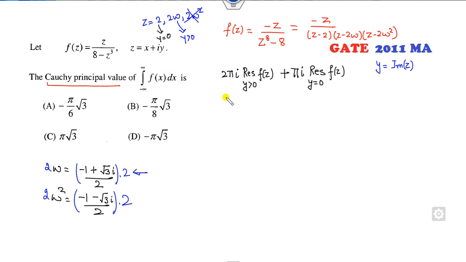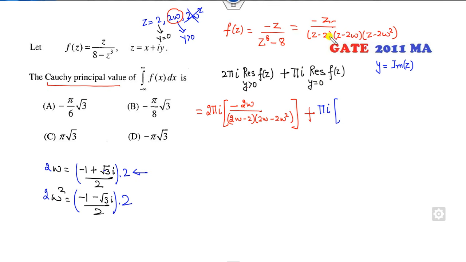So now you can substitute it. It is 2 pi iota, and this is the value corresponding to 2 omega. I can substitute everywhere apart from the factor of 2 omega. So it is 2 omega divided by 2 omega minus 2, into 2 omega minus 2 omega square, plus, corresponding to y equal to 0, that is z equal to 2.